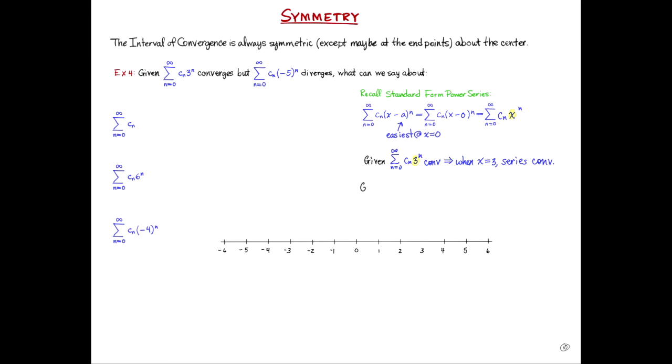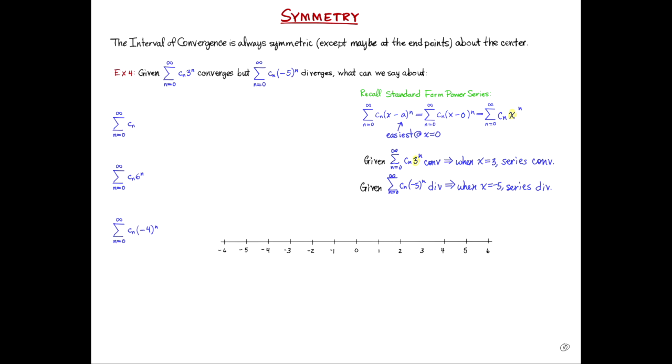We're also given the sum from n equals 0 to infinity of c sub n times negative 5 to the n diverges. And what that means is that when x is equal to negative 5, the series diverges. Let's put that on our number line.